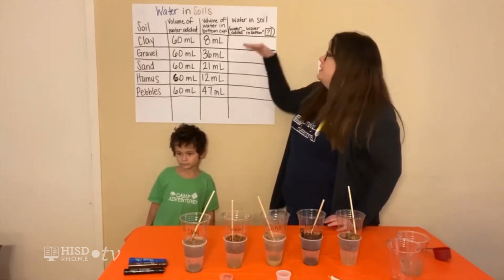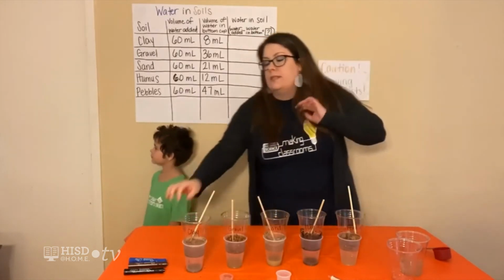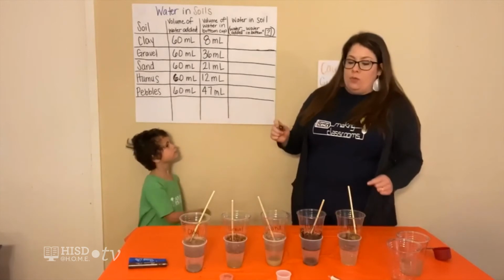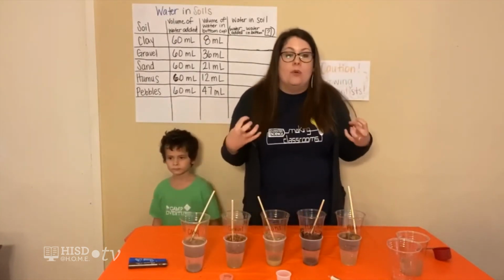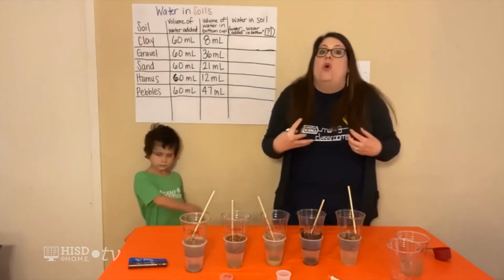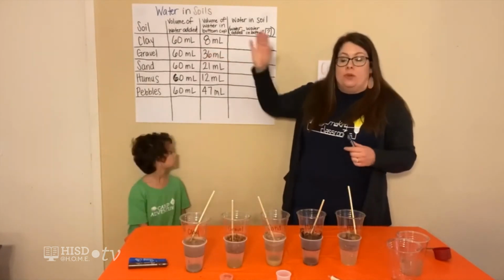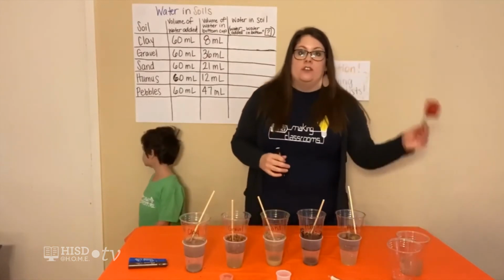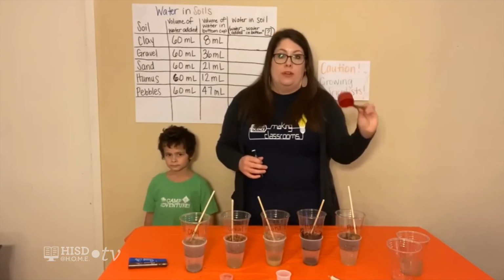So to fill in this last part of our chart, we have to do some math. We want to know how much water stayed in each soil. How much water did each soil hold onto in that cup? So we have to do some math. We're going to take 60 milliliters, because that's how much water goes in this measuring cup and that's how much we put in there.